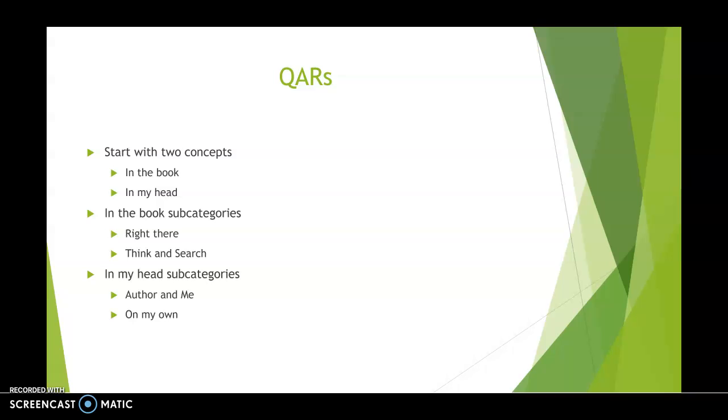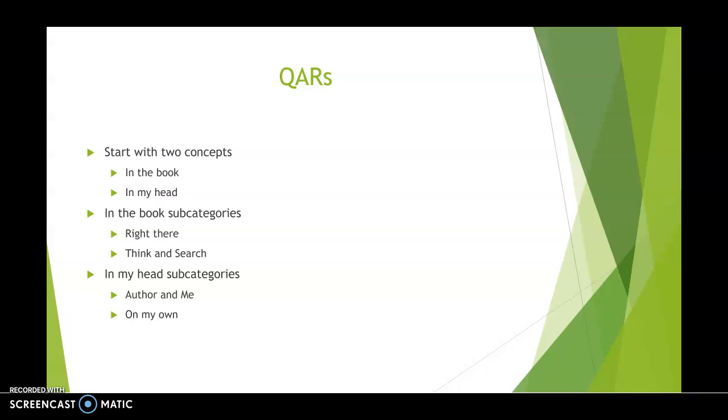All right, and then in my head subcategories, those are author and me and on my own. So questions asked before reading, well, those are higher level questions. Some that you'll think about, and sometimes that you work with the author to come up with those solutions.